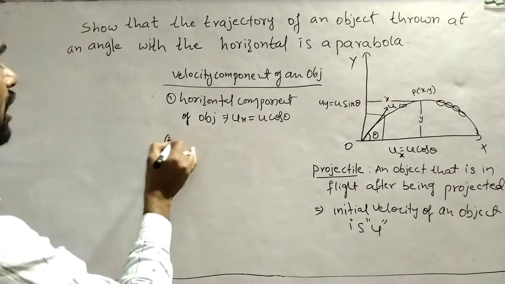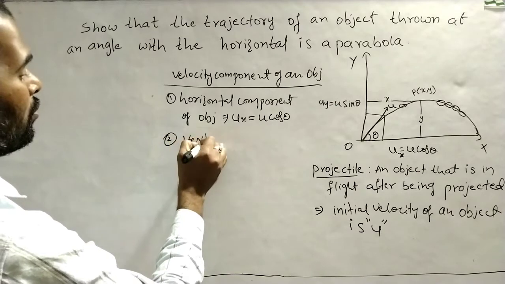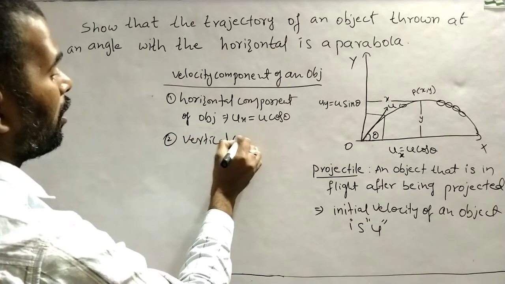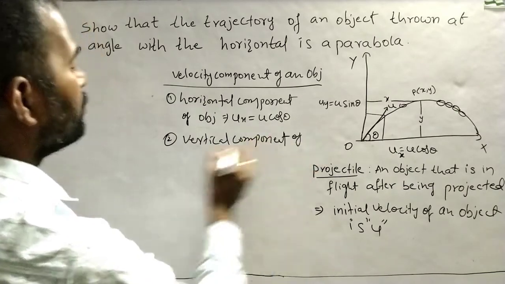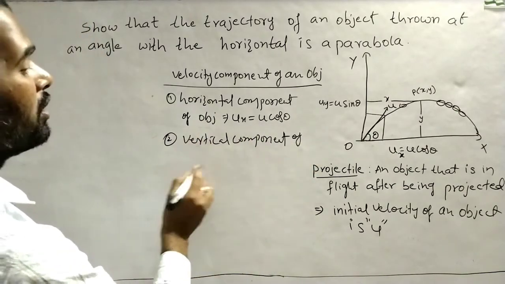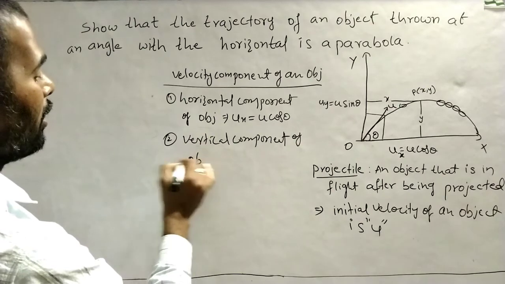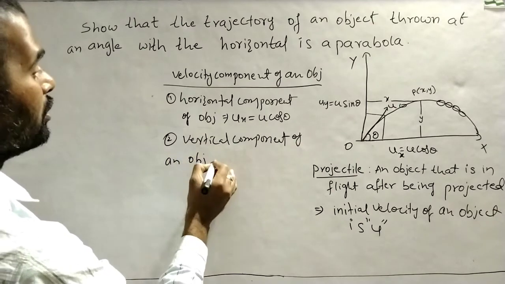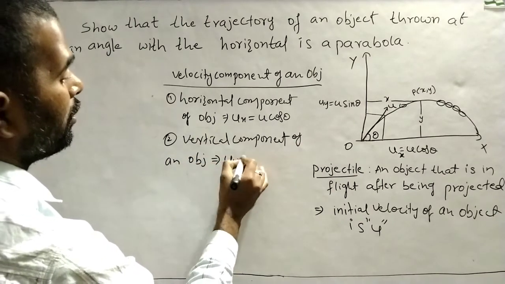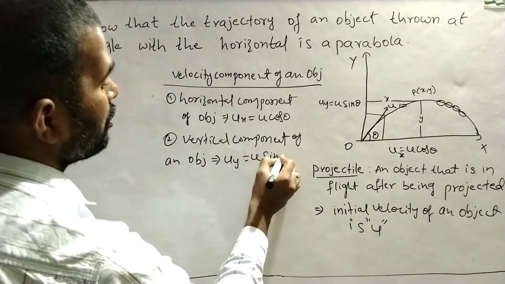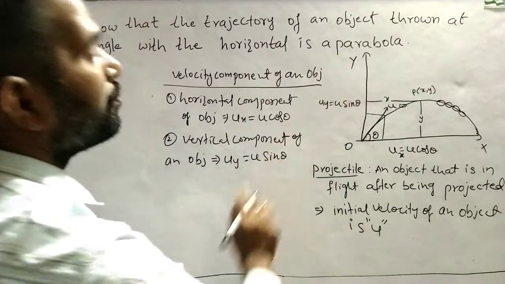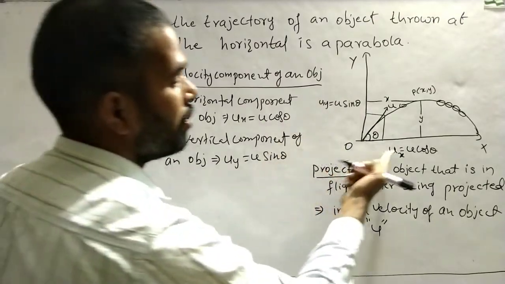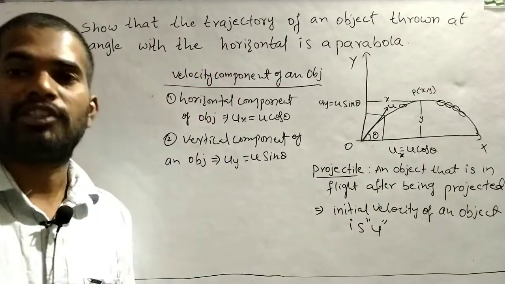The vertical component of velocity, or vertical component of the object: Uy is equal to u sin theta. The vertical component will be along y-axis, the horizontal component along x-axis.